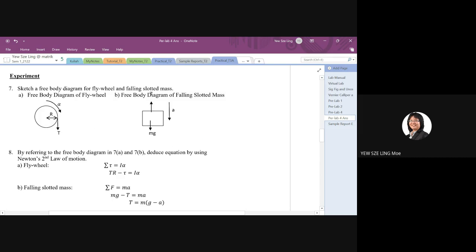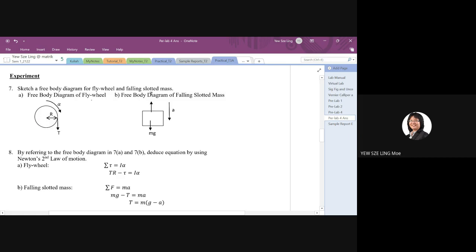Now let's look at bullet point number 7. Sketch a free body diagram for flywheels and the following slotted mass. For the free body diagram for flywheel, you can just copy it down. For flywheels, you still have to draw the wheels, unlike in chapter 4, where we use a dot to represent the force. In chapter 8, you still have to draw the basic shape of the object.